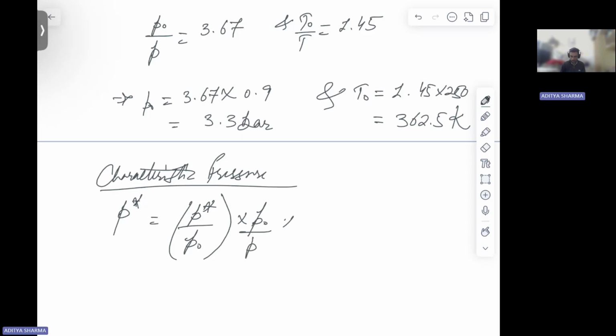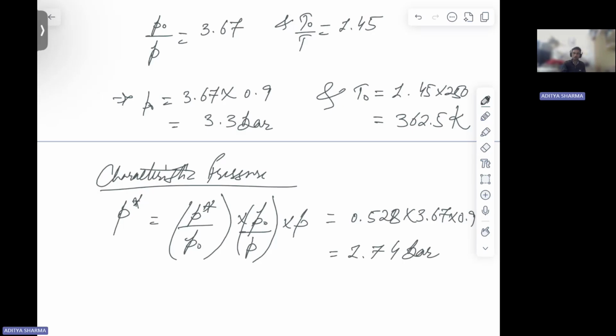Then again multiply and divide by P. So P star by P naught for gamma equal to 1.4 is 0.528 and P naught by P is given as 3.67. And P is given as 0.9, and if you work this out, this will come out to be 1.74 bar.